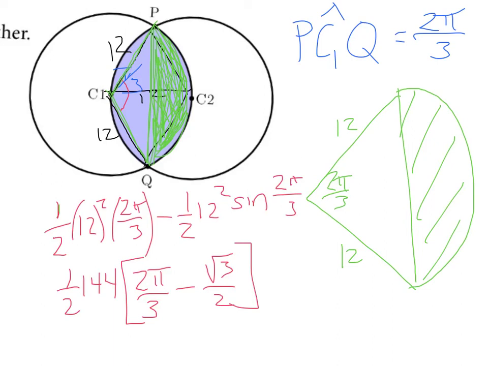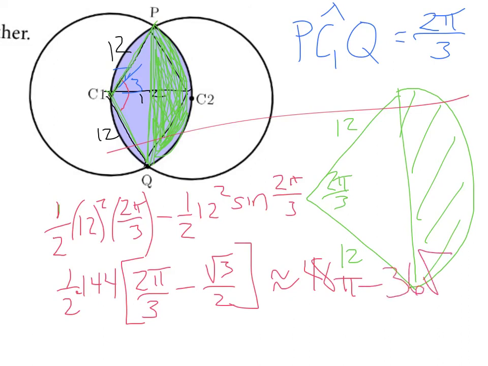And if we simplify this, we will get an approximate area for this one shaded region. So we simplify this answer, and we find that the area of that segment is exactly 48 pi minus 36 square root of 3.